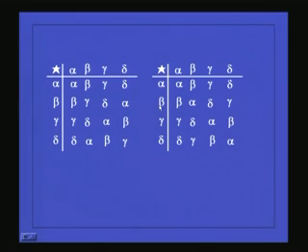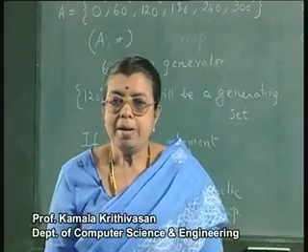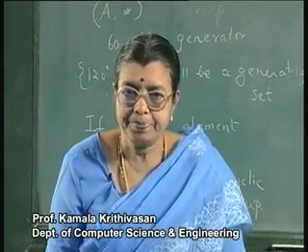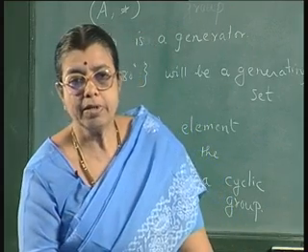So, none of the 3 elements beta, gamma, delta can be a generator. So, you realize that this is not a cyclic group, but it is a commutative group. So, we see that every cyclic group is commutative, but it is not necessary that every commutative group should be cyclic. This is one result.